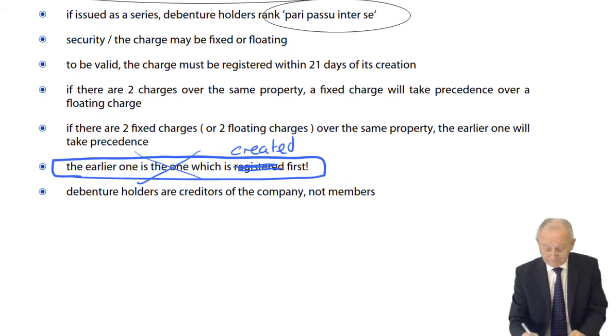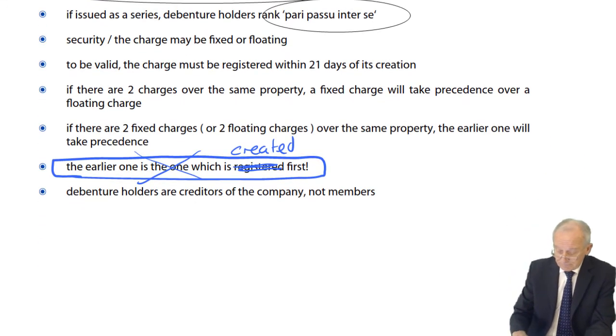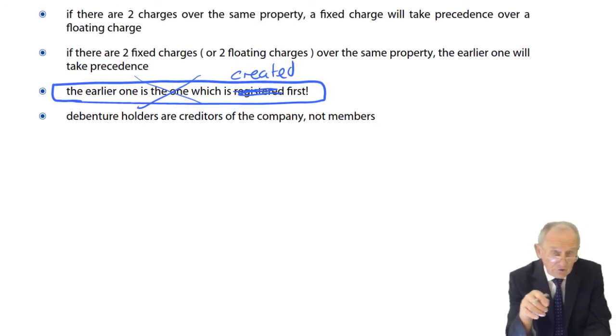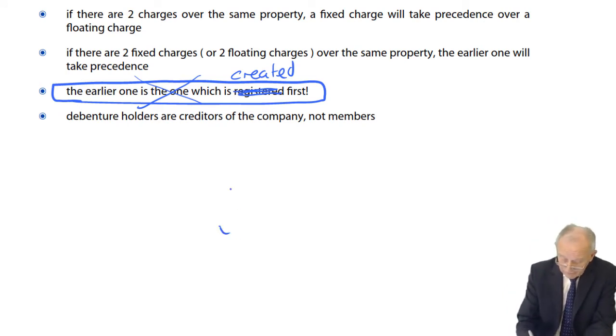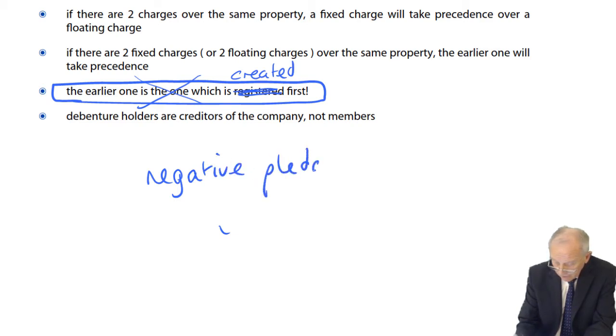So, it is available for the floating charge debenture holder, the debenture holder where the loan is secured by way of floating charge, to ask to be included within the debenture document a negative pledge clause.